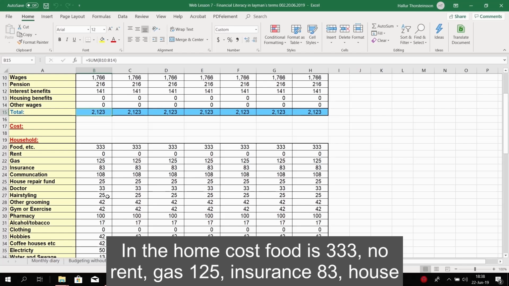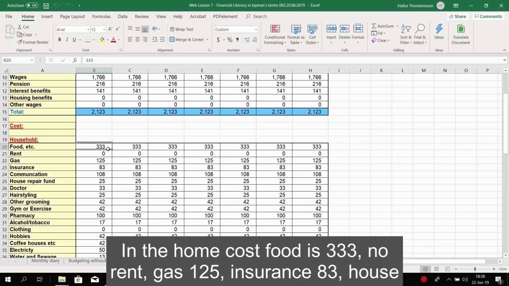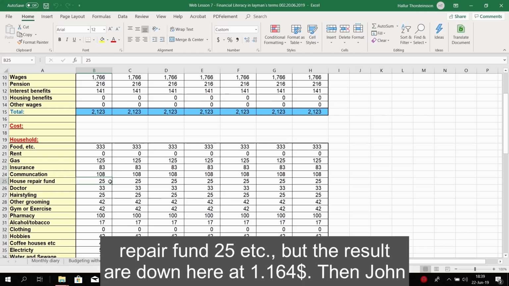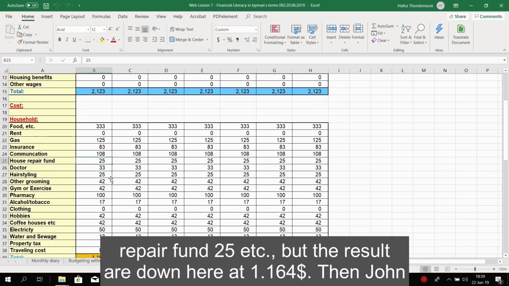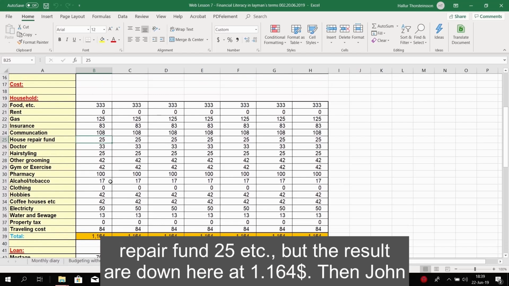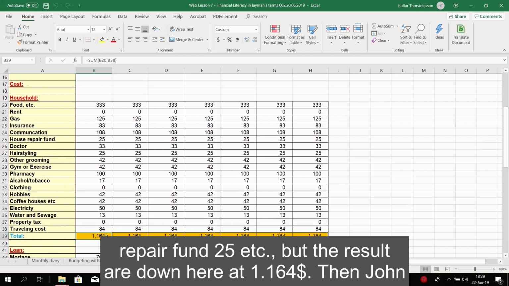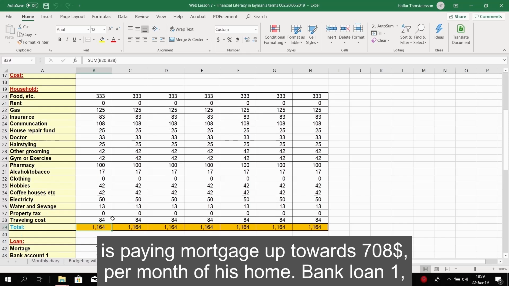In the home cost, food is 333, no rent, gas 125, insurance 83, house repair fund 25, etc. But the results are down here at $1,164.